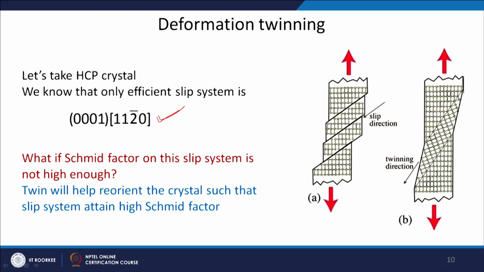By doing that, the material is trying to align these planes such that they will be able to deform plastically, deform by a slip process. So, this is the whole idea of bringing twins into the system, to reorient the crystal such that you are able to satisfy the condition for deformation in some slip planes where you have a close-packed arrangement.